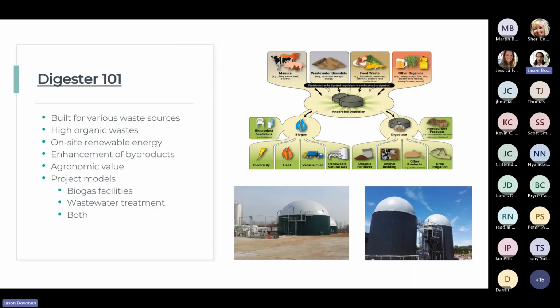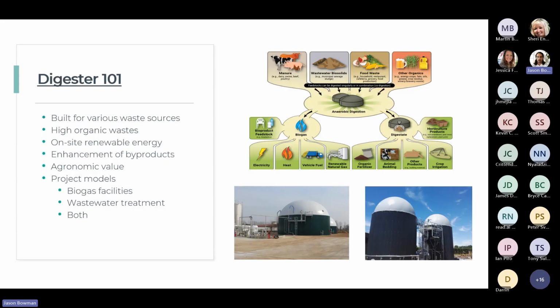Second, they can enhance byproducts, meaning if there's a spoiled, broken, damaged, or unwanted byproduct material, it can be turned into a liquid or solid form that can then be stabilized and suitable for land application or even nutrient recovered from that waste in a lot of situations.